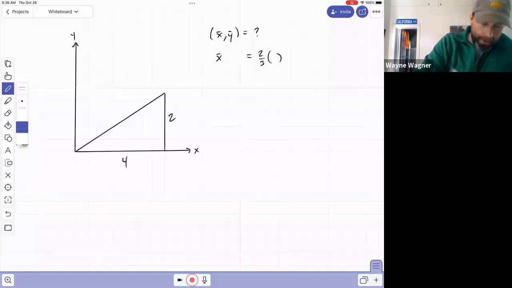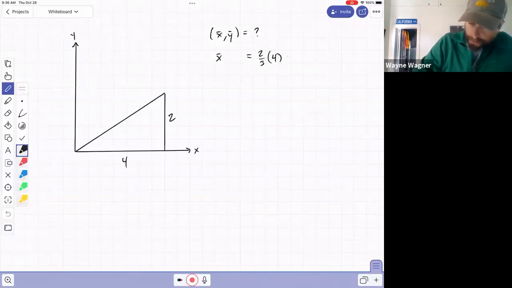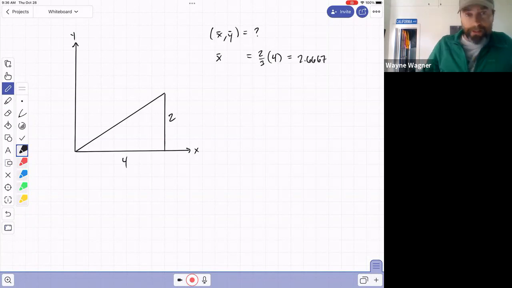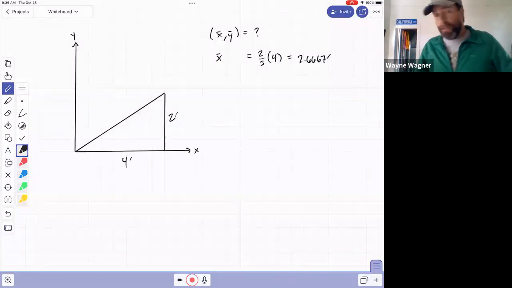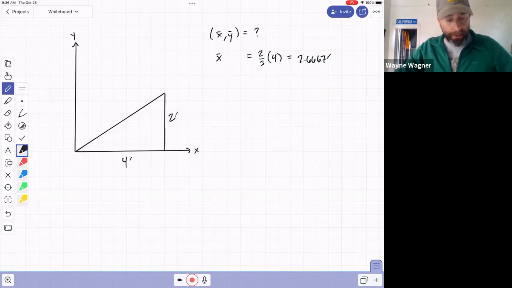Okay, my dog is going to drive me nuts, I can tell. So that was 2.6667. Now what I want you to note is this has units. Whatever this is, if this were feet, then this would be feet. Maybe I'll just leave this in feet so that we will have a unit.